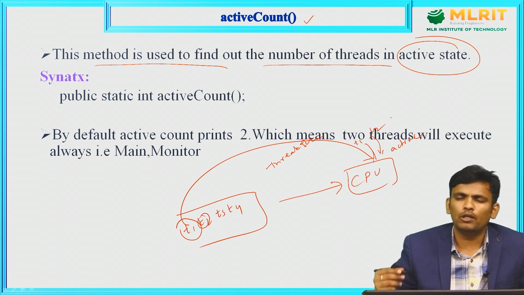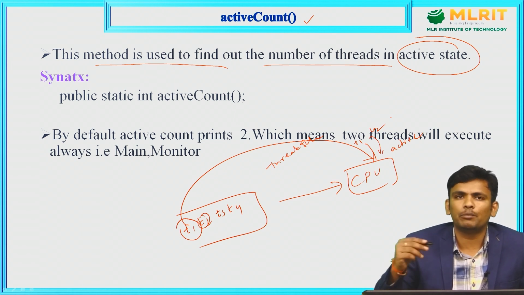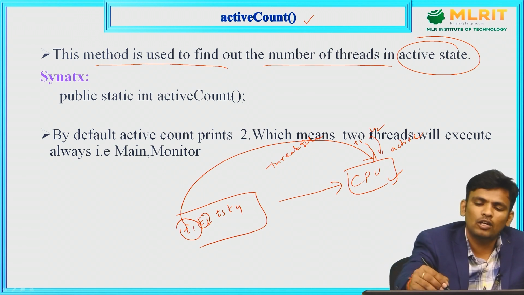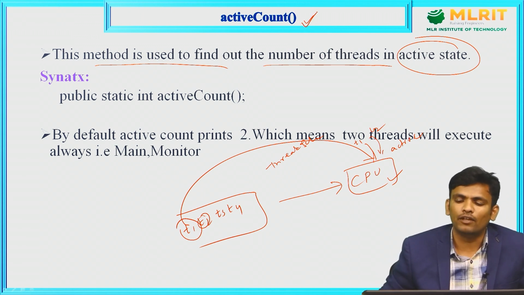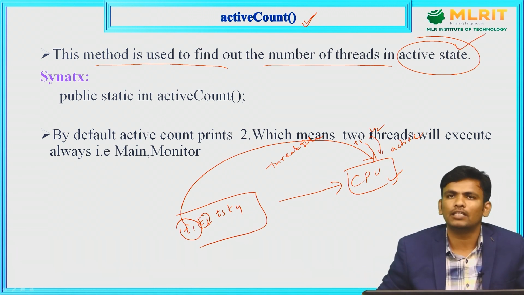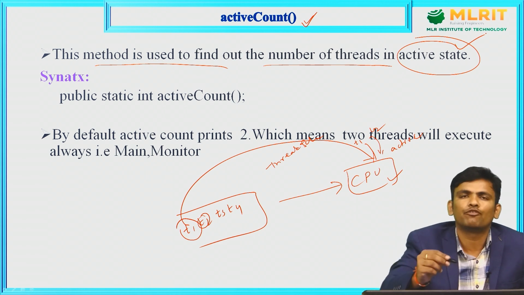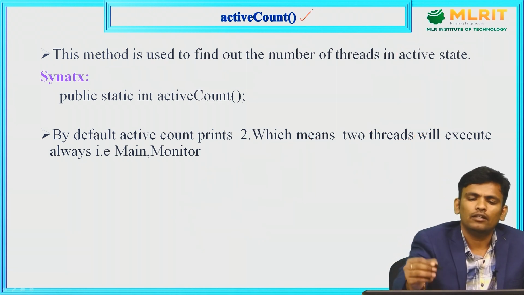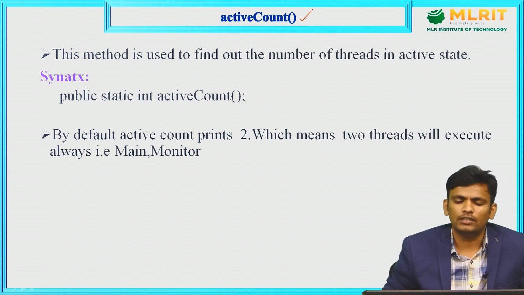So the multiple threads are in active state, means multiple threads are currently running on the CPU. Now the activeCount method returns the number of threads which are in active state, means currently how many threads are running on the CPU, that information it will return. So using activeCount we can get the number of threads in active state.